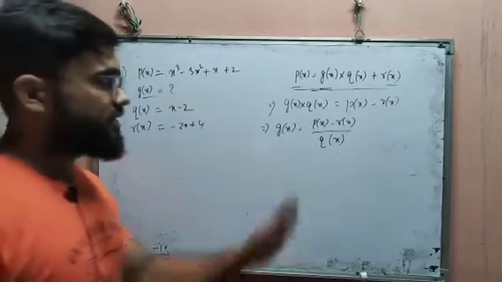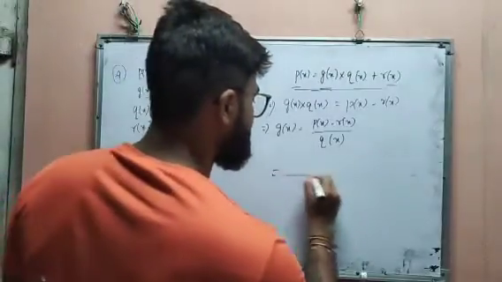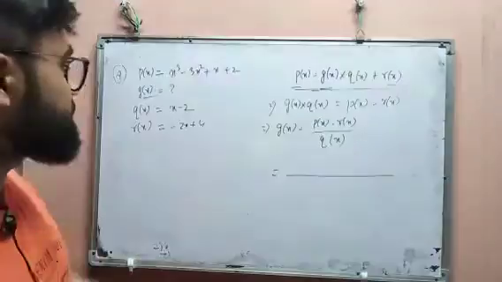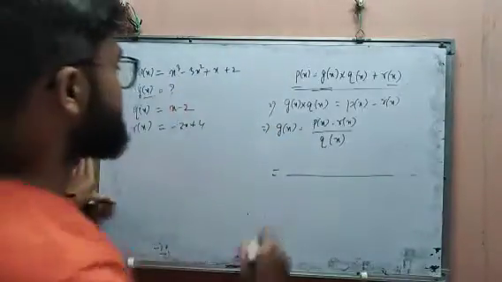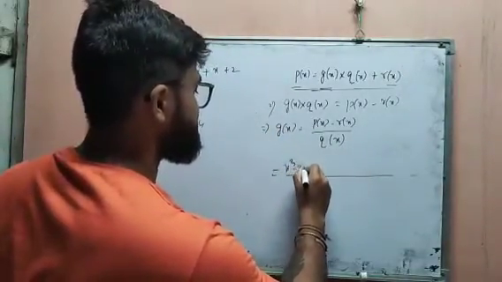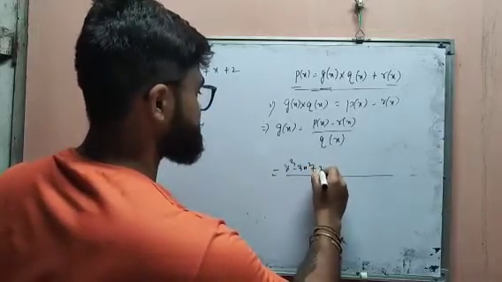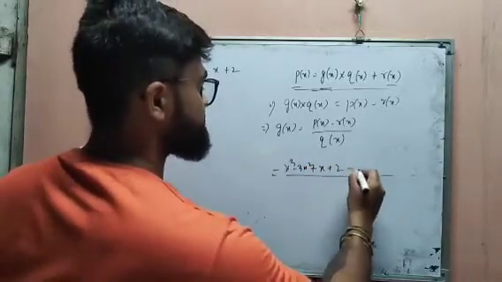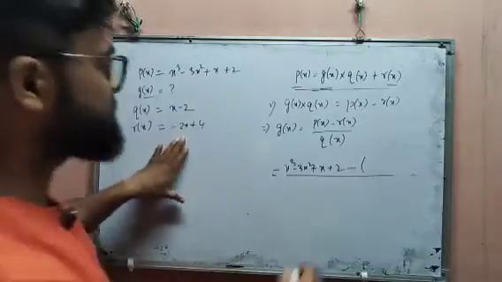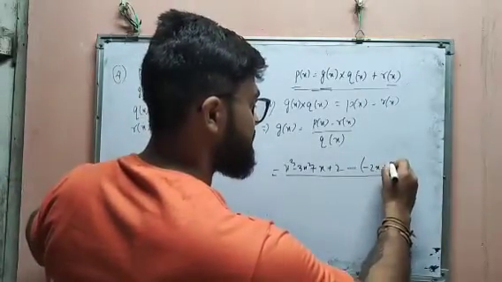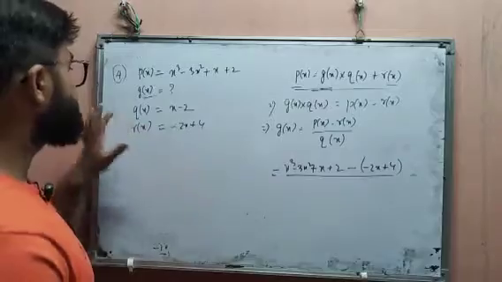We have made this equation, now we have nothing else to do, we simply have to do the calculation part. That px value is given as x cube minus 3x square plus x plus 2 and minus rx value is given as minus 2x plus 4, so I am putting minus 1 and bracket over here.